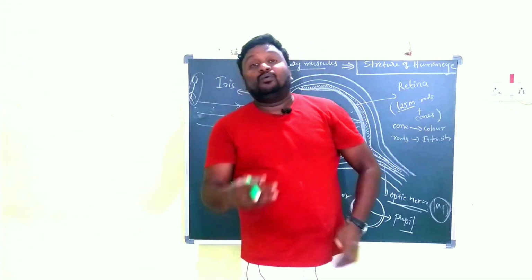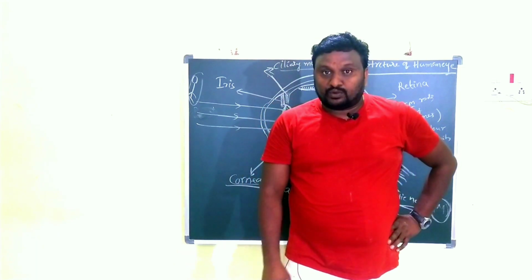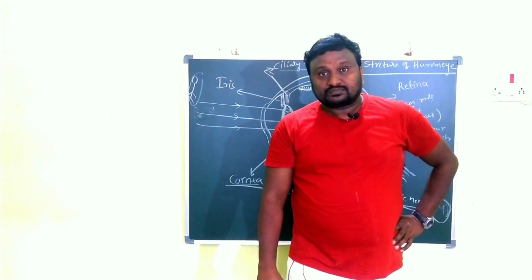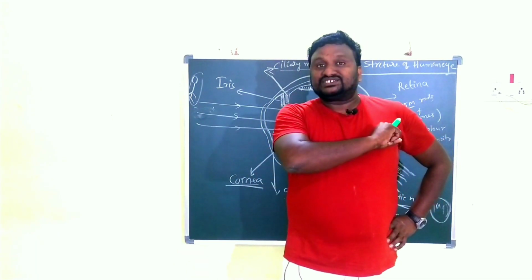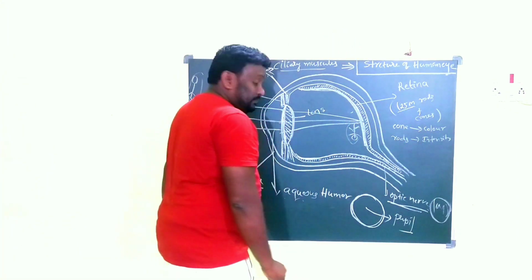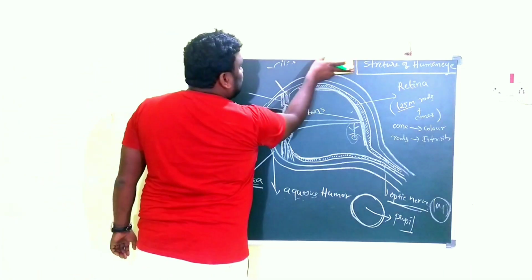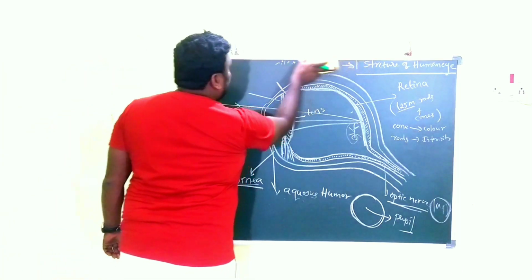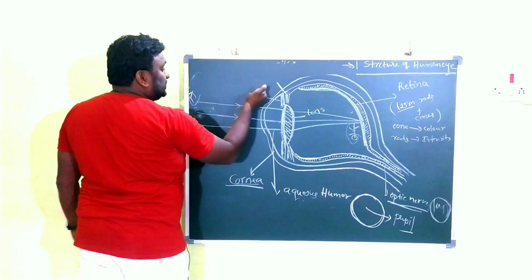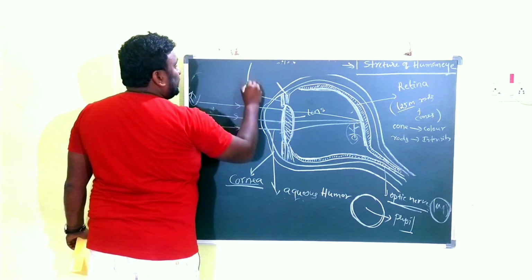Okay, now what is meant by accommodation? Children, it is quite similar to the working of a convex lens. This is a convex lens.